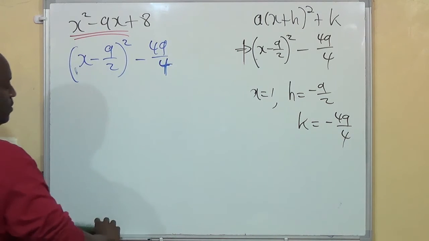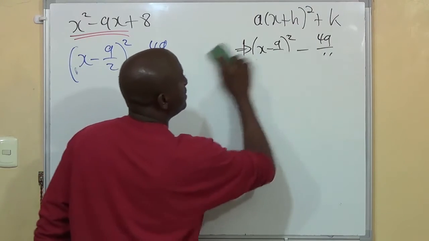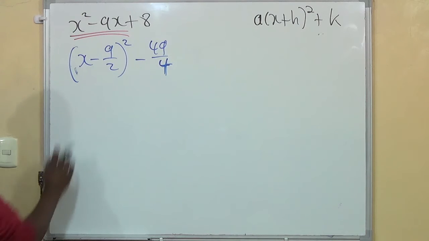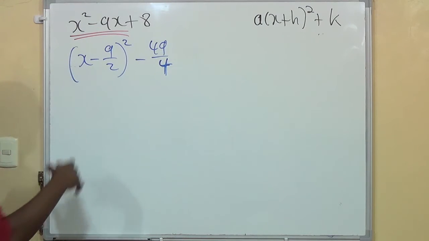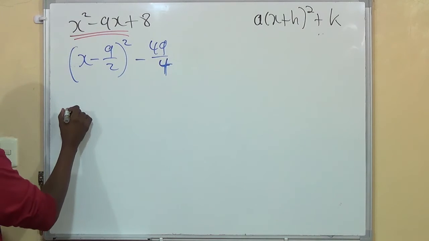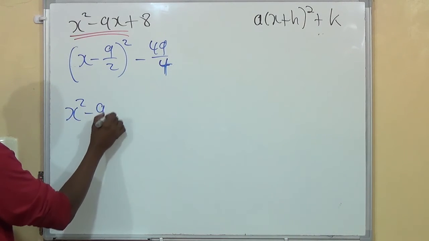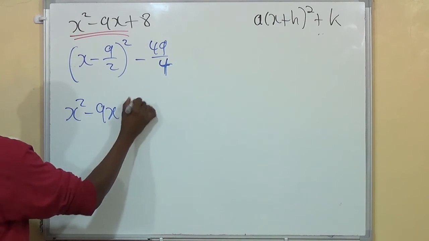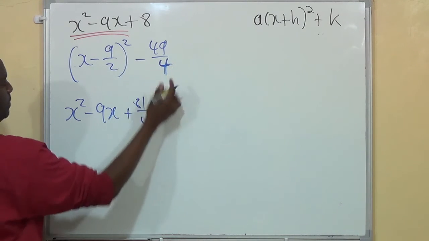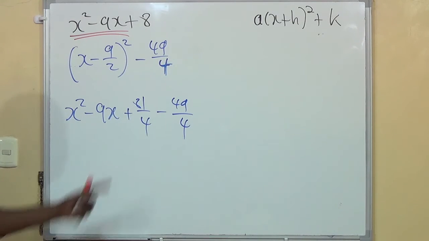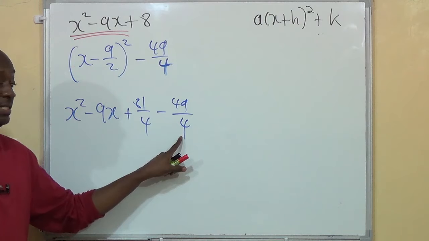Alright, so we rub off our friends here. No, we don't need these fellas here again. So in accordance with the expansion that we did in the very first video, this will be written over as x squared minus 9x plus 9 over 2 squared will be 81 over 4, and then we minus back the 49 over 4 here. You see the 4 here and you see the 4 here in the denominator.